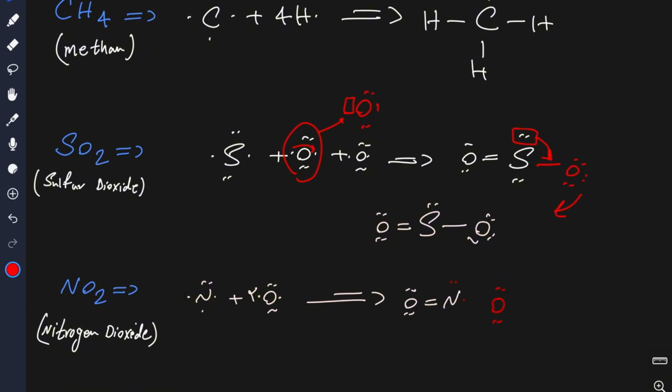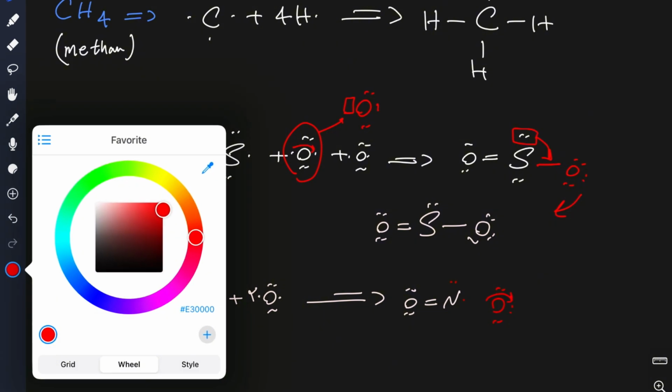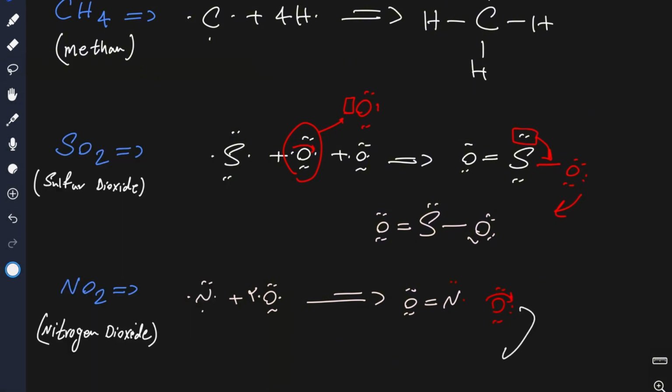And this oxygen: so oxygen takes the electron and makes a lone pair. Yes, and the final form is nitrogen, oxygen, oxygen and 1 lone electron. It's exceptional.